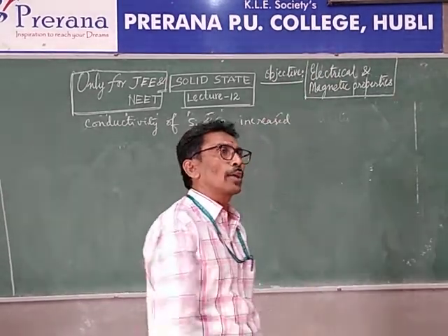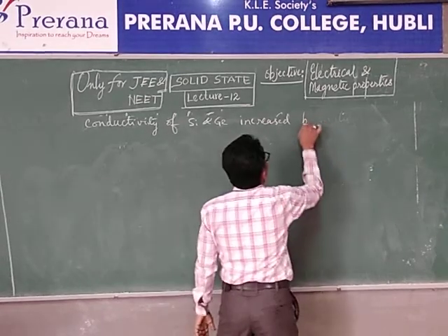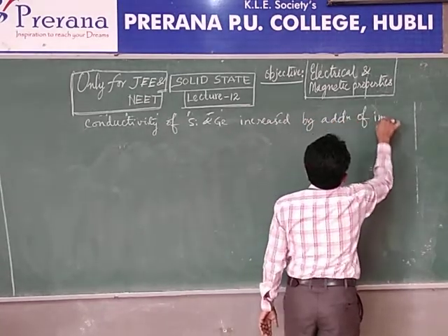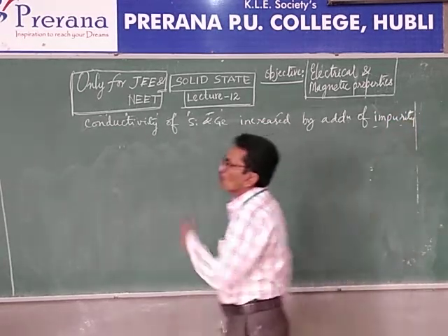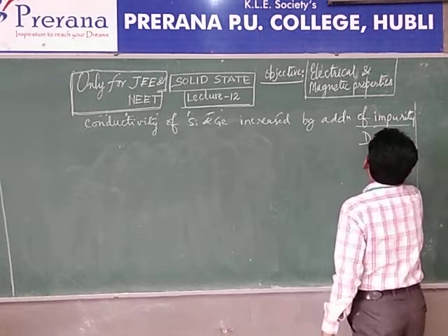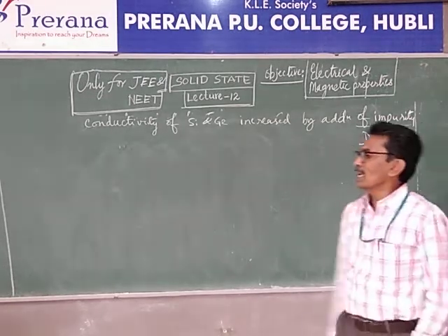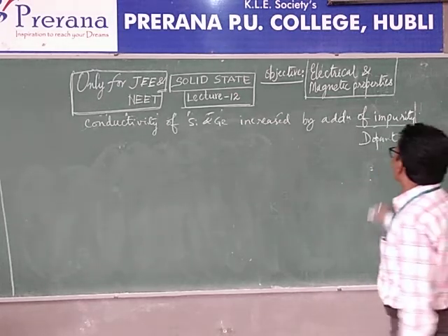Externally you add a compound, which is called an impurity, to increase conductivity. This process is called doping, and that impurity is known as a dopant. For what purpose? To increase the electrical properties. Impurities are of two types.